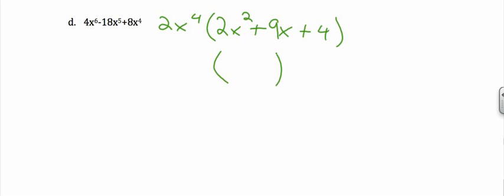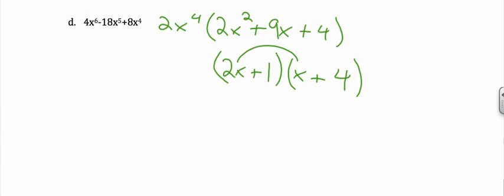The reason I like brute force for this one especially is because I know I've got a 2x and an x, and I've got two plus signs. So I just have to figure out what goes where. I could try 2 and 2, but I kind of know this one. It's going to be 4 there and 1 with the 2. Go ahead and check it out if you want. You get 2x squared, 8x, 1x, there's your 9x, plus 4. And then just leave your 2x to the 4th out front.